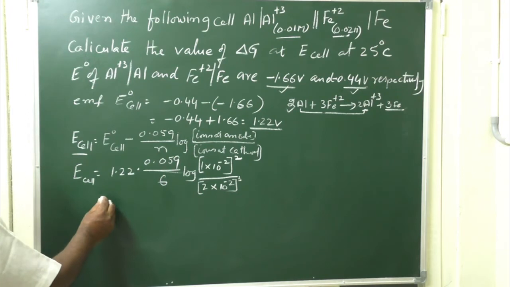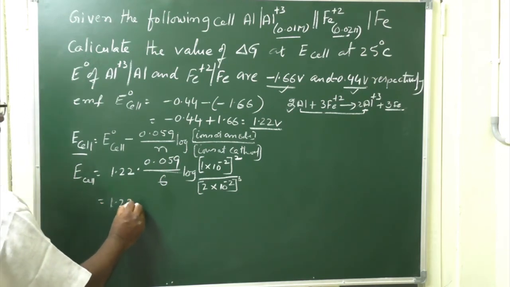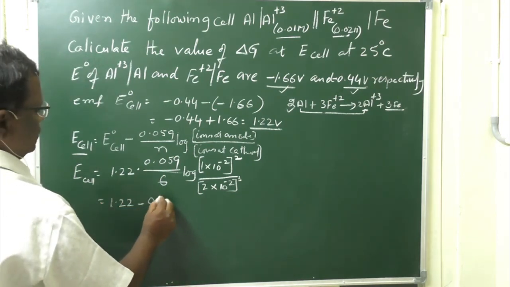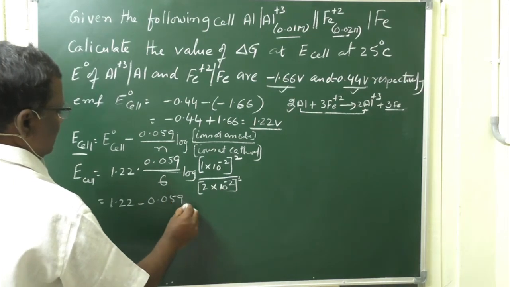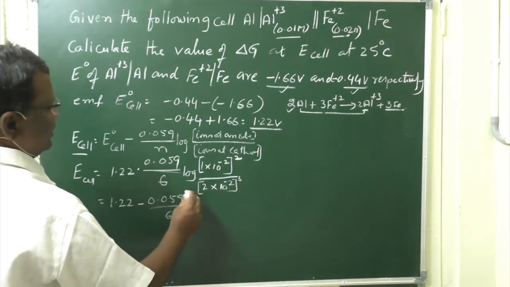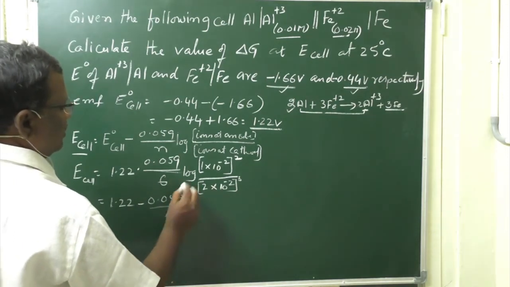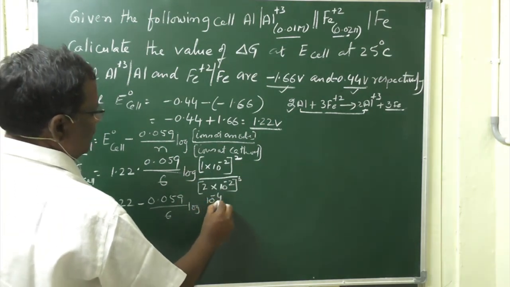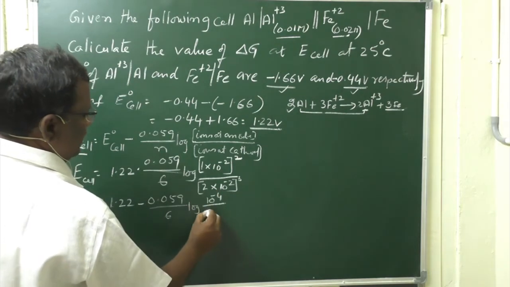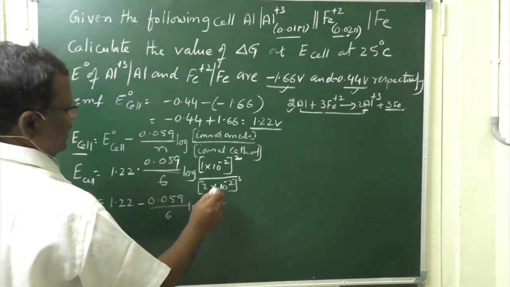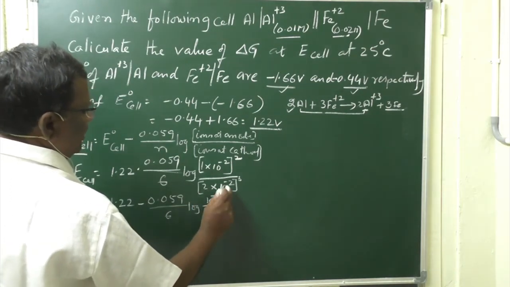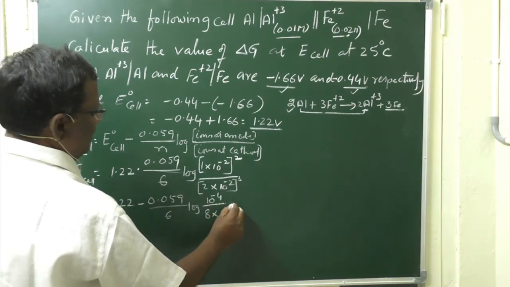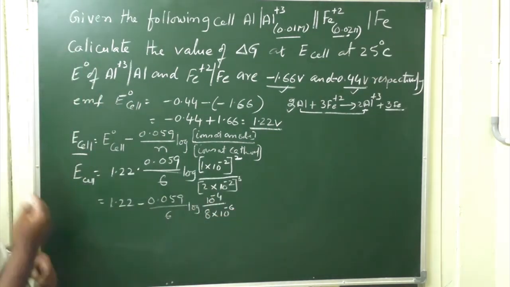Now on simplifying we will get 1.22 minus 0.059 by 6 log of 10 to the power minus 4 by 2 cube, 8 into 10 to the power minus 2 whole cube, that is equal to 10 to the power minus 6.